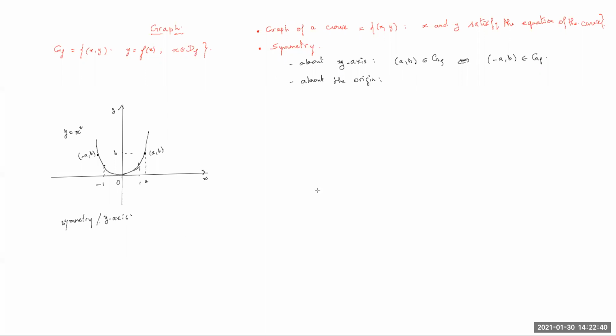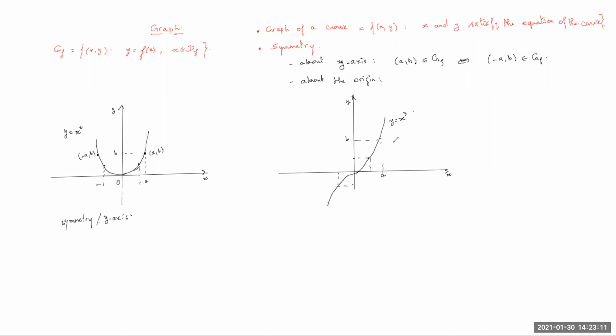An example for this one is the x³ function. The global shape is the following. This is y equal x³.